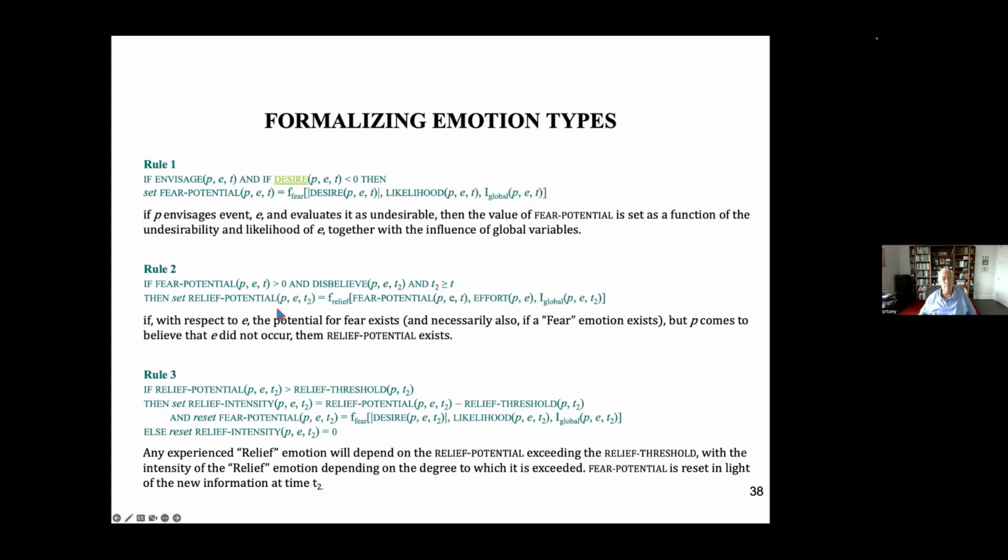Then you set relief potential for time T2 as a function of the fear potential and the effort invested, which is the local variable for relief as well. Effort invested in trying to avoid the undesirable event and any global variables. And I think at this point I should stop because this is just a further elaboration.